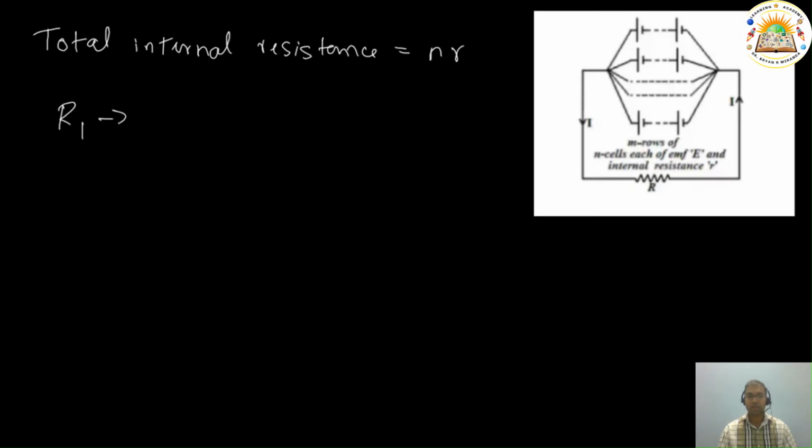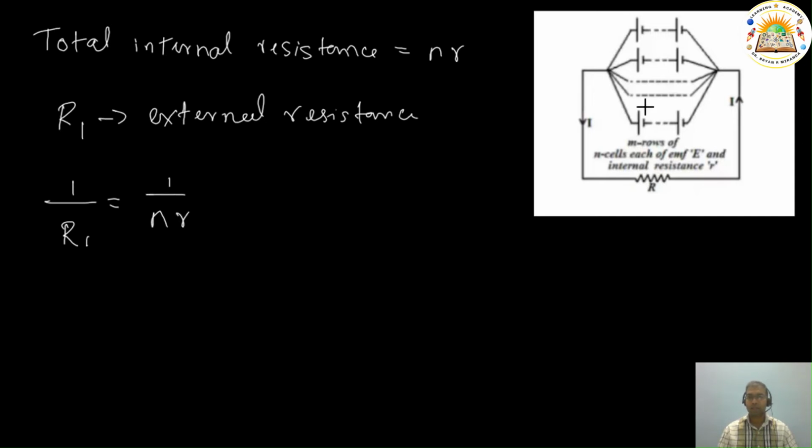If I take R1 as my external resistance, then since it is in a parallel combination, 1 by R1 is equal to 1 by nr for the first line of the series, plus 1 by nr for the second line, plus so on up till it reaches m terms.